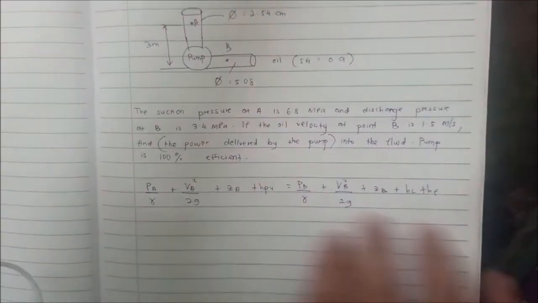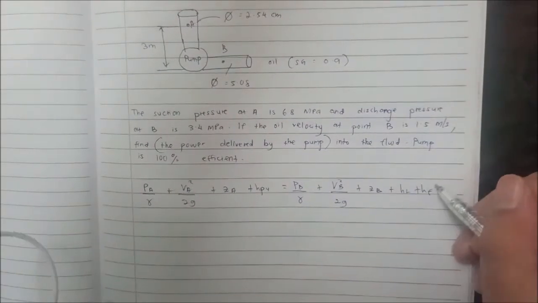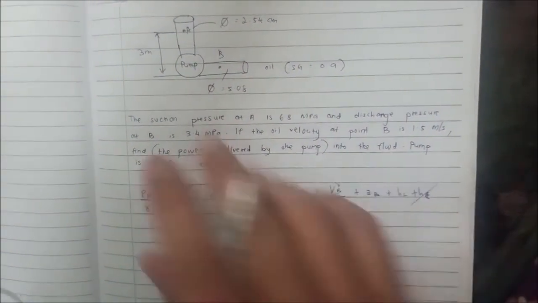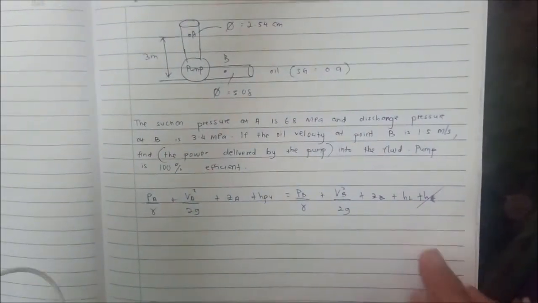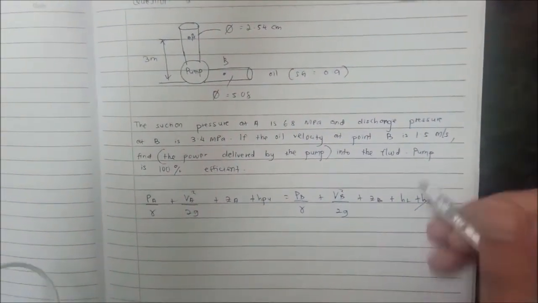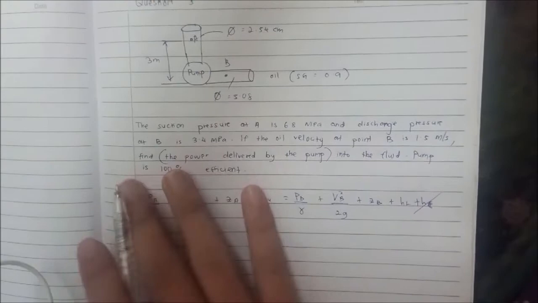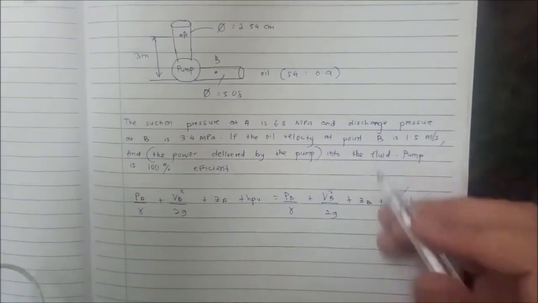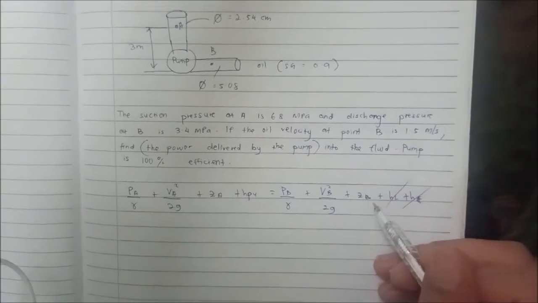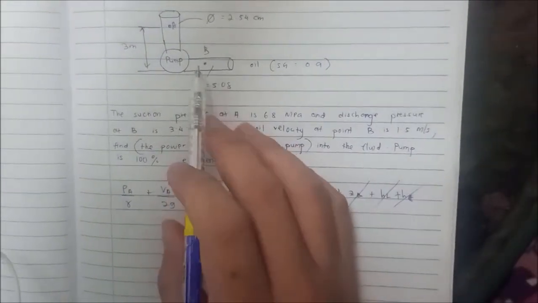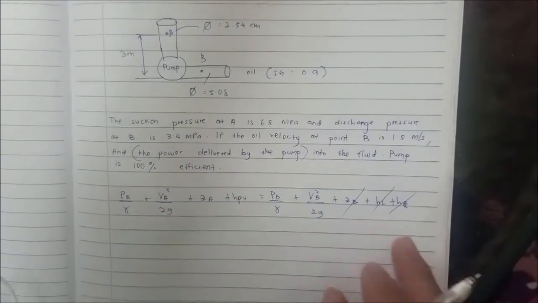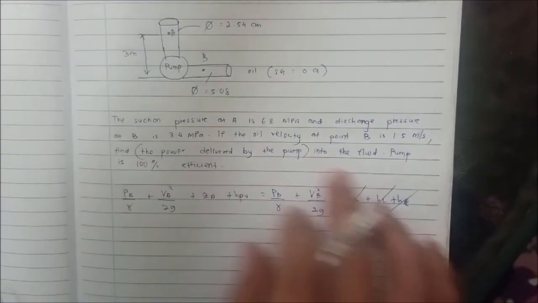So from this equation we can cancel the HT, because there is no turbine on this diagram. And HL, there is no information about HL, so we can cancel it out. And ZB you can cancel because the lowest point is point B. And that's all that we can cancel. This is the final equation.